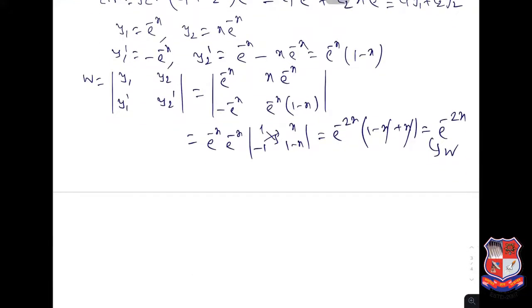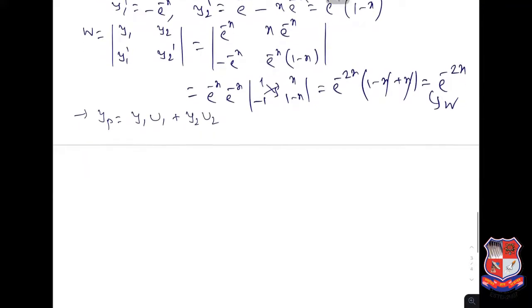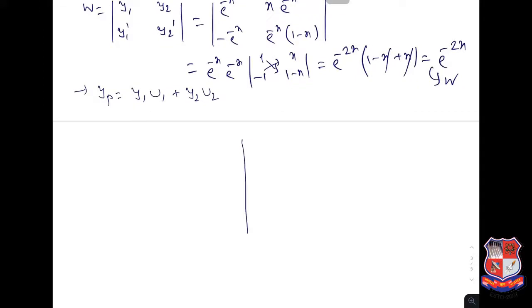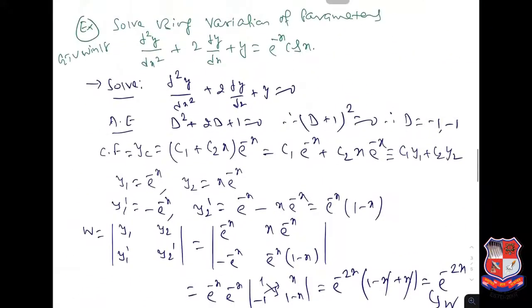Now the particular integral we know is y1 u1 plus y2 u2, where u1 equal to minus integration y2 gx over w. Now what is gx? Gx is e power minus x cos x.